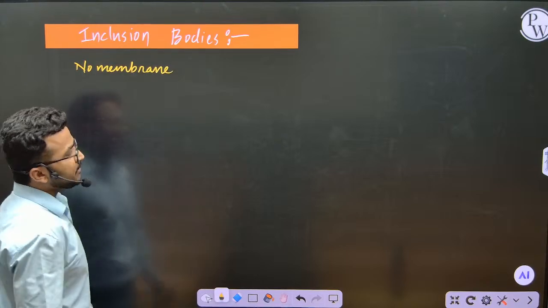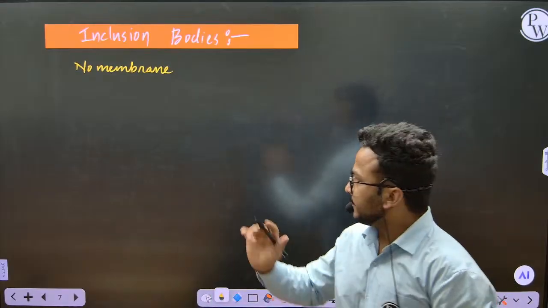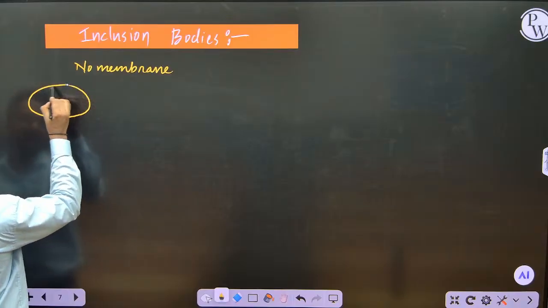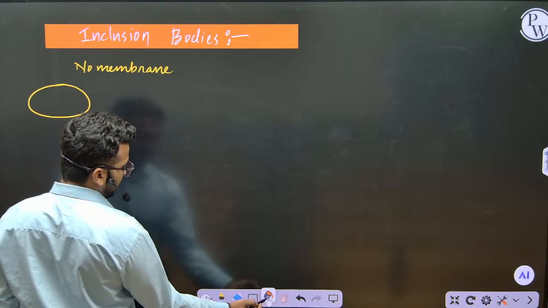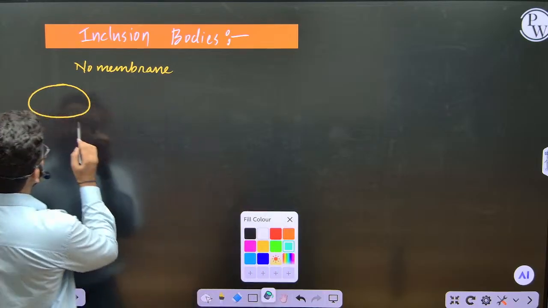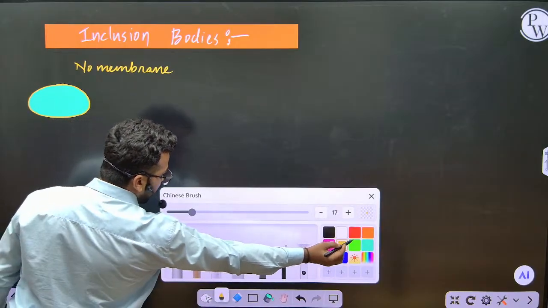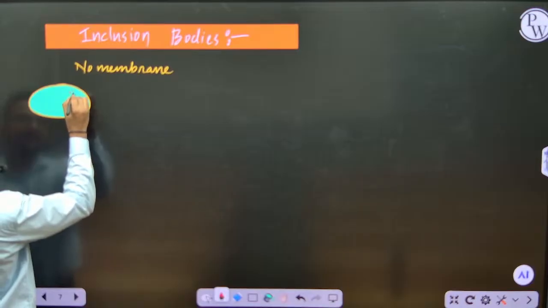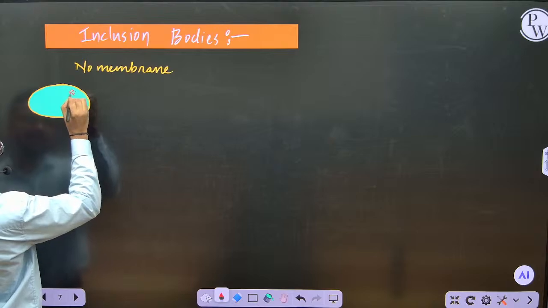Then how will they be found in the prokaryotic cell? See, if I am drawing a prokaryotic cell, a prokaryotic cell is there in the cell-free system. In this, the inclusion bodies will appear like this. They gather at one place and form this kind of structure.